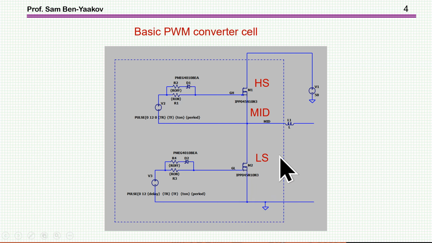Now here we have a high side transistor, we have a low side transistor, and this will be the midpoint, I'll refer to it. And here we see the gate of the low side, the gate of the high side. This is the green one, and this is the midpoint here between the two transistors, and this is the current, and in this case it's an inductor, so it's an inductor current.